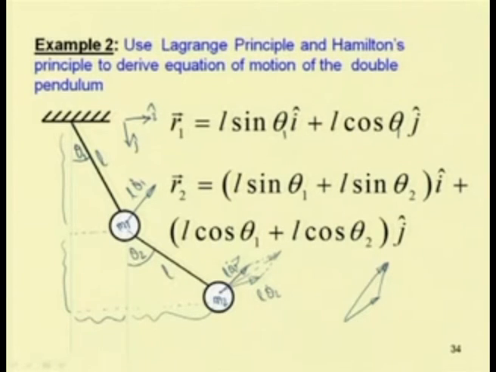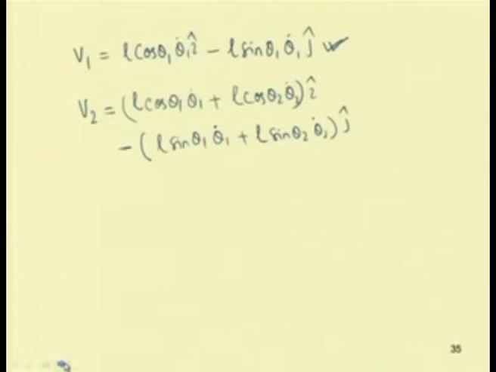After finding the velocity of mass 1 and mass 2, one can determine the potential energy and kinetic energy of the system. So the kinetic energy of the system T can be written as half m1 into v1 dot v1.